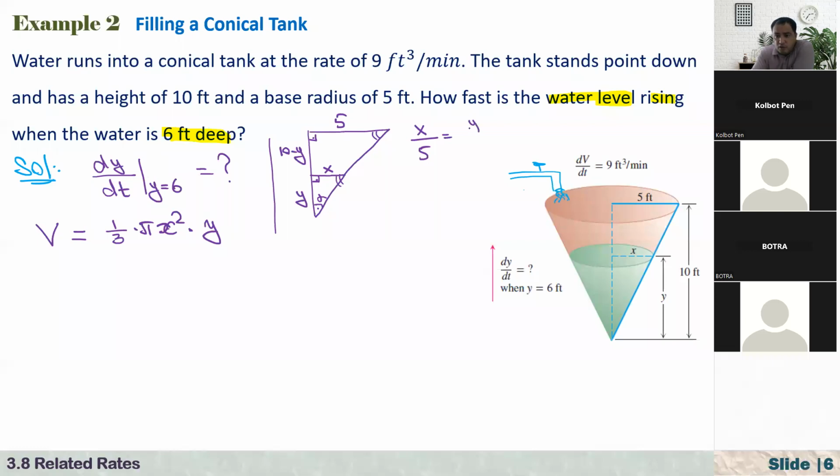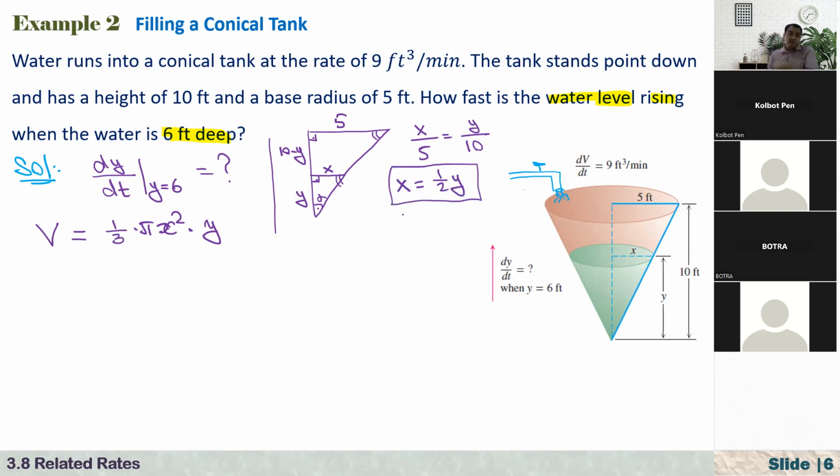Opposite beta, we have y, and in the big triangle, opposite beta, we have 10, right? Now from here I can find the relation between y and x. I need to find x because I want to eliminate x from the equation. So x is equal to, multiplying both sides by 5, 5/10, so here we have 1/2 times y. So x and y are related to each other by this equation.